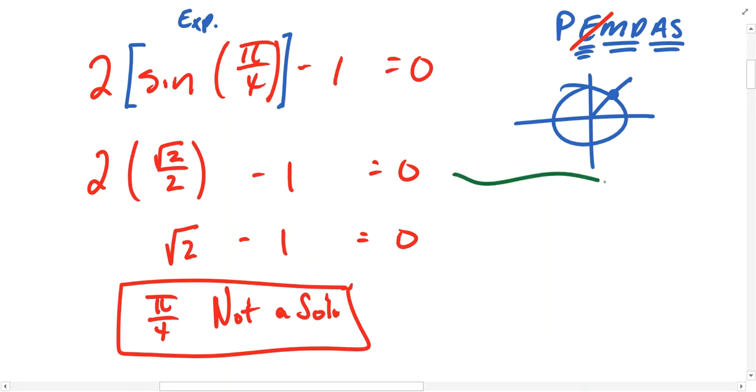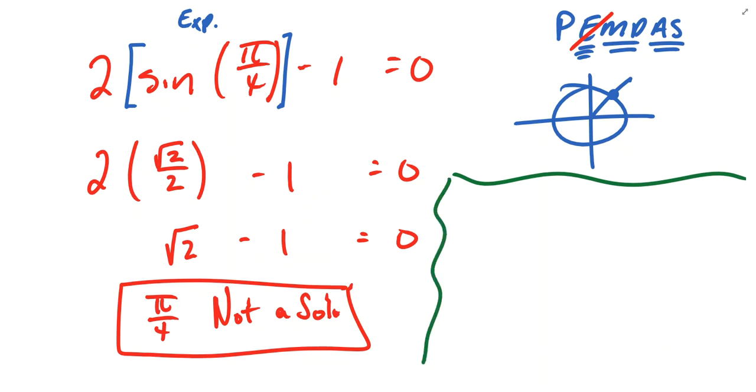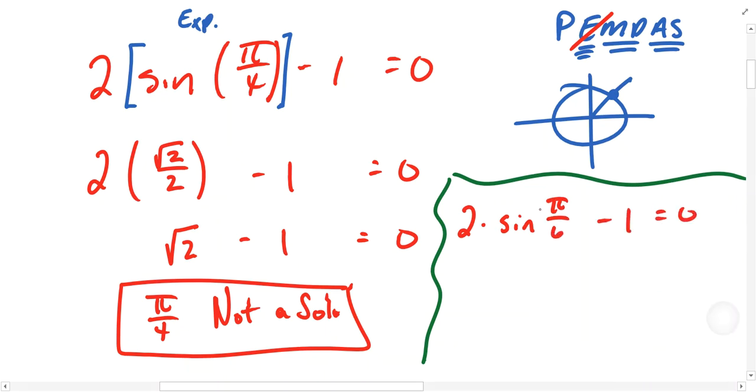And if we do the same thing for pi over 6, let's see if I can squeeze that in this space here without moving. I can use this prior problem as a point of reference. 2 times sine of pi over 6 minus 1 equals 0. We're testing to see whether pi over 6 is a solution.